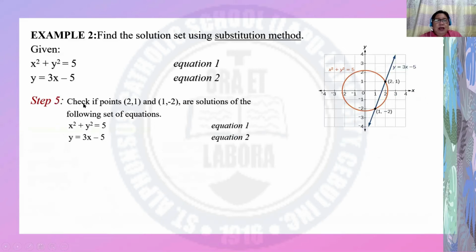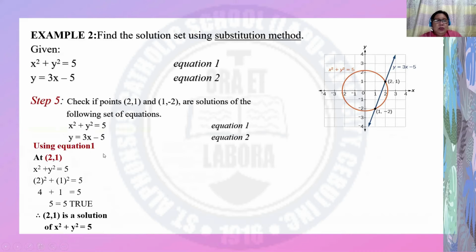So, step 5, we have to check if points (2, 1) and (1, negative 2) are solutions of the following set of equations. Equation 1 is x squared plus y squared equals 5. And equation 2 is y is equal to 3x minus 5. So using equation 1 at (2, 1), we have to substitute 2 to x and 1 to y.